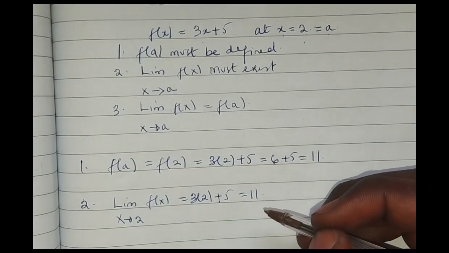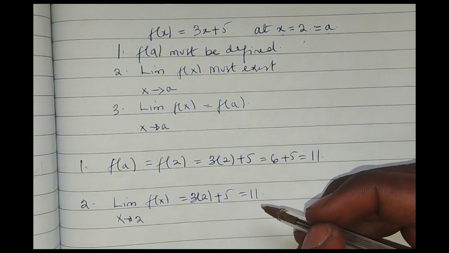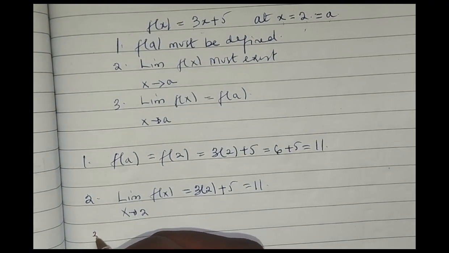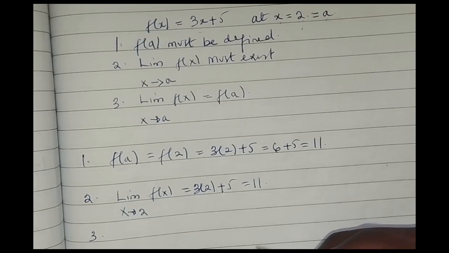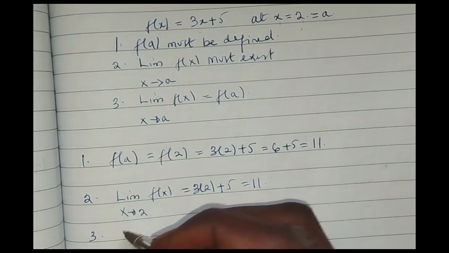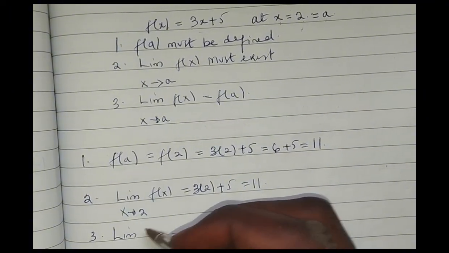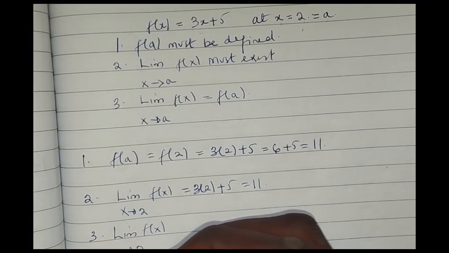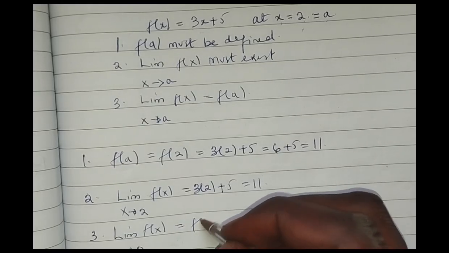The limit exists. Yes, the limit exists. Okay. So now the third one says that these two must be equal. Are they equal? Yes.